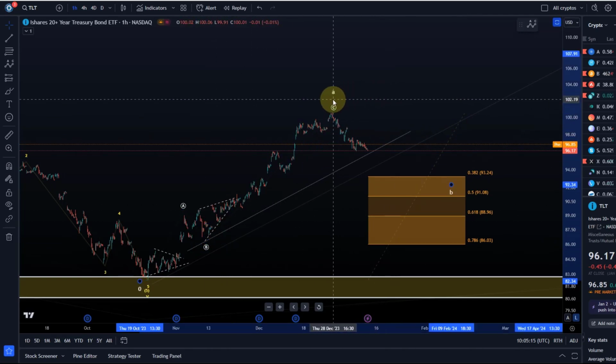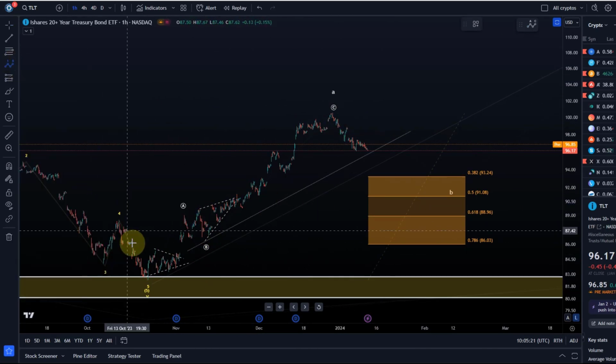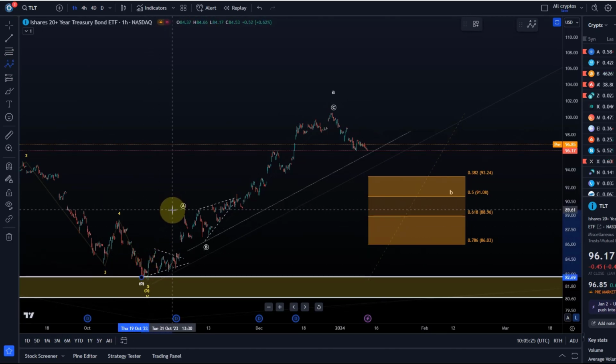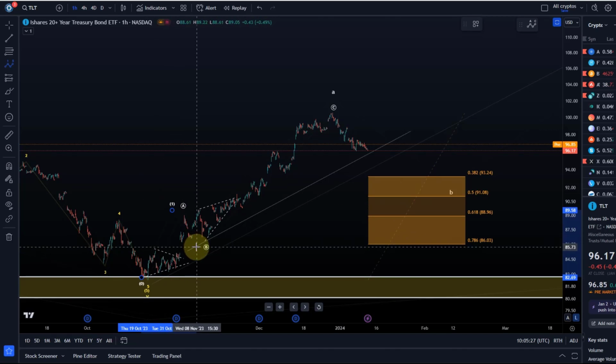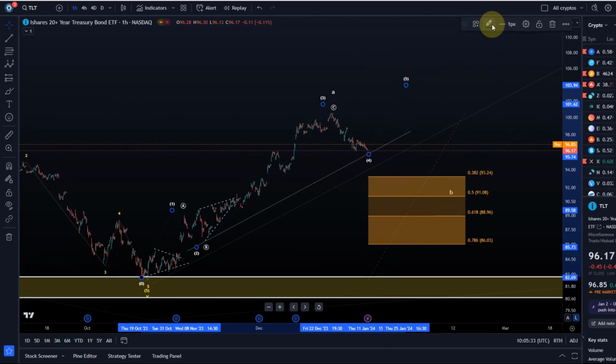So we have either in the white count here, an ABC structure complete, or, and that would be my alternative, I would see this here as the wave 1, this here as the wave 2, this is the wave 3, 4, but then the A wave would form a 5-wave move, but it would be a leading diagonal, probably.